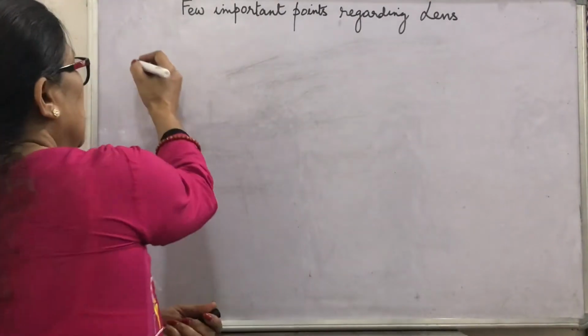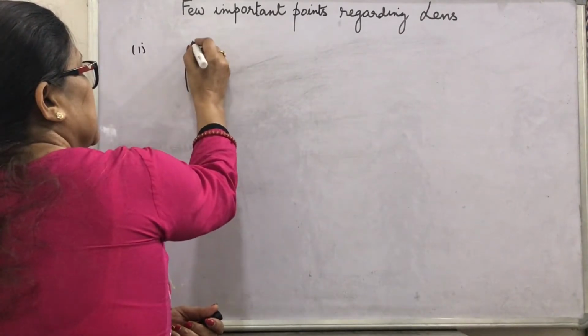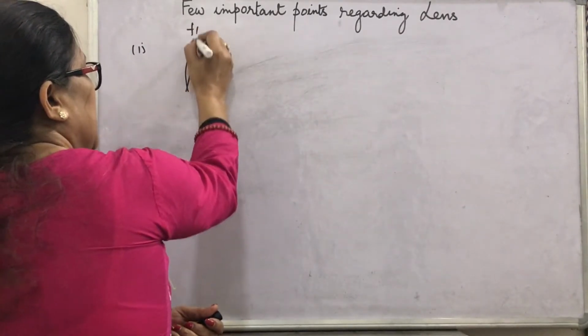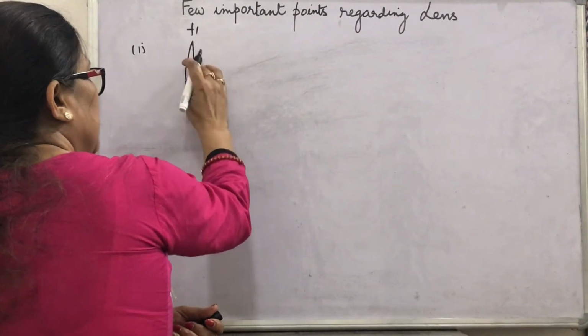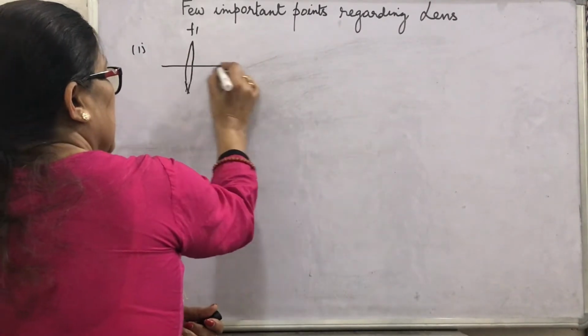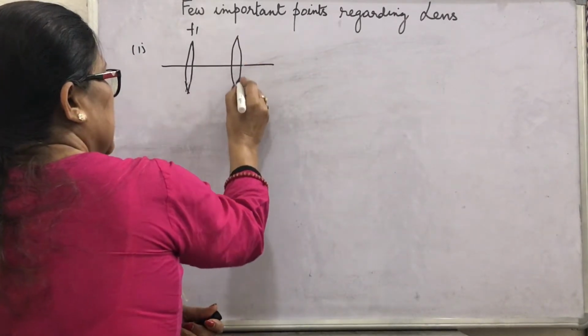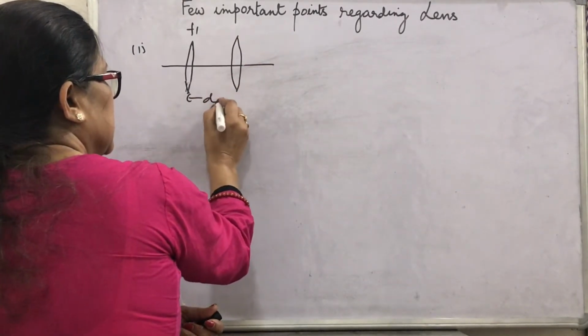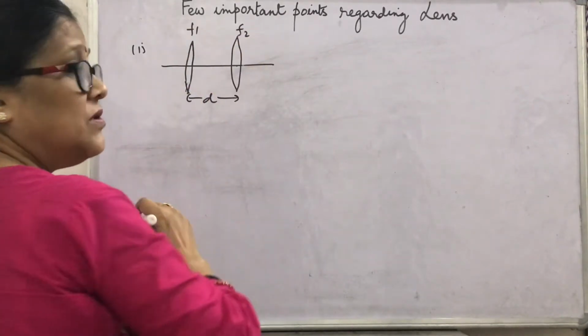Suppose, first point I am going to discuss, one lens is of focal length f1 and the other lens of focal length f2, and both are thin lenses and they are separated by a finite distance d. Suppose this distance is d. This is the thin lens of focal length f2.